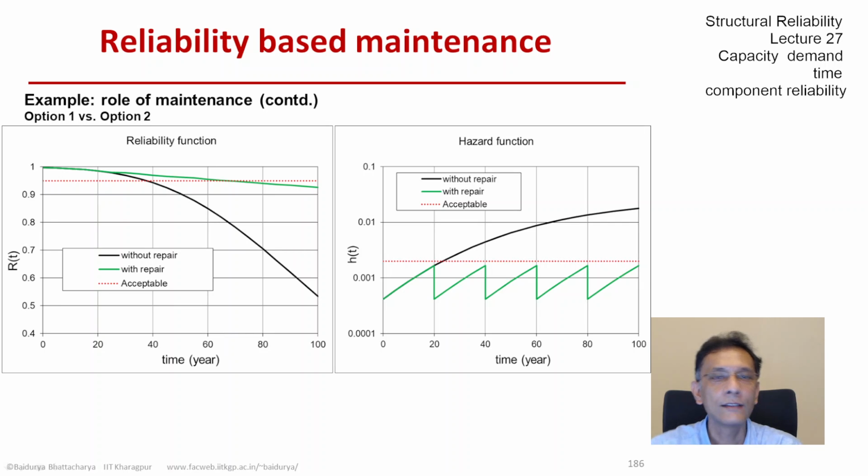So if we look at the behavior of the black line versus the green line, first in the reliability and then in the hazard, we see that the reliability is more or less indistinguishable for about 26, 27 years. But then, because of the periodic repair, the reliability function corrects itself and again starts to drop less fast.